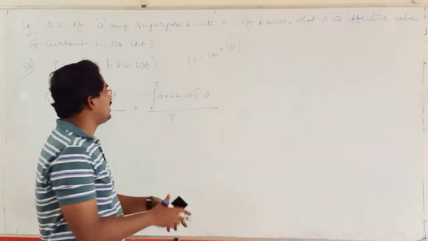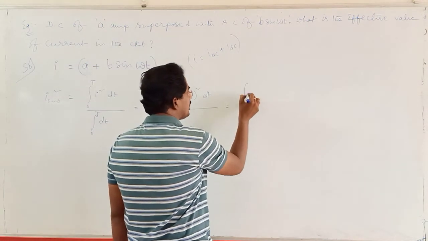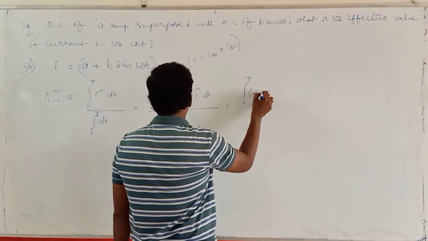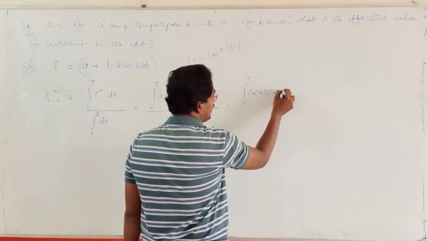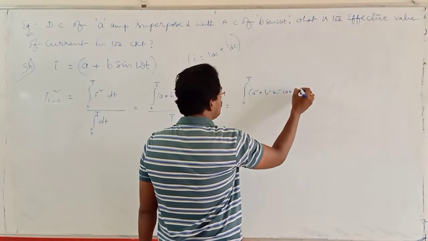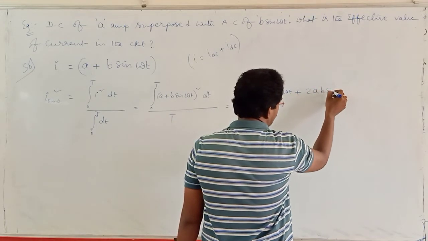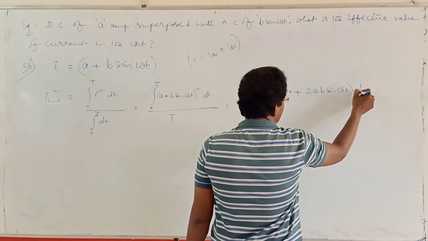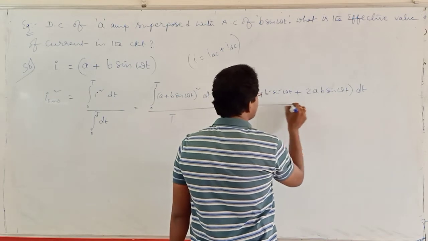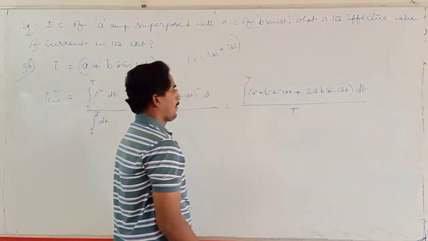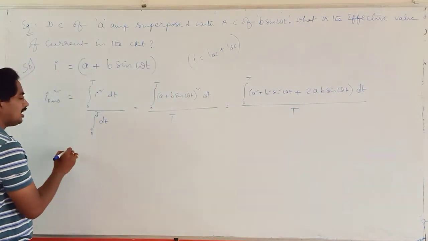How much are we getting? Integral 0 to T of A square plus B square sin square omega t plus 2AB sin omega t dt, divided by T. What will we get now?